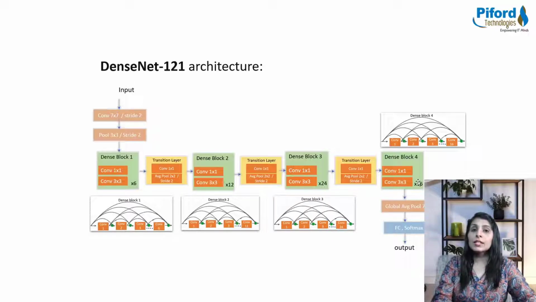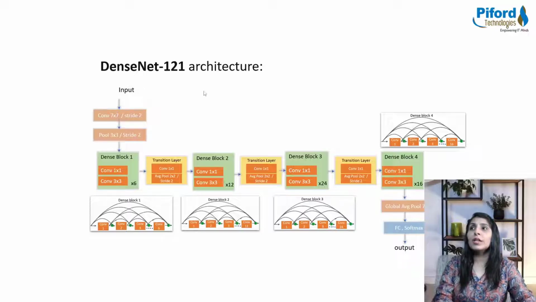That means you will get the feature maps from here, and this way finally you will get some feature maps. After that we have a global average pool layer, and the filter size over here is 7 by 7. And then finally we have a fully connected layer, and we are using a softmax activation function, and this will provide you an output.